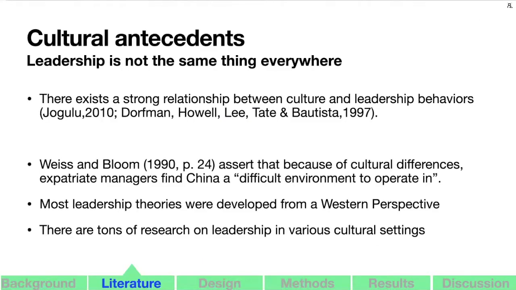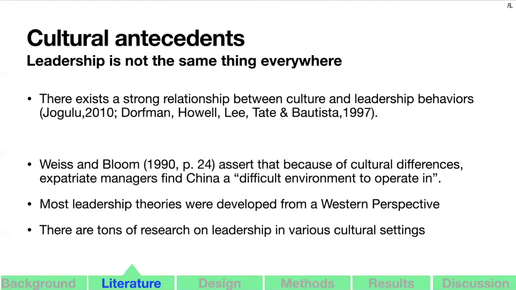However, leadership has to be investigated on a culture by culture basis. One leadership model may be effective in one culture, but it will be totally ineffective in another culture.